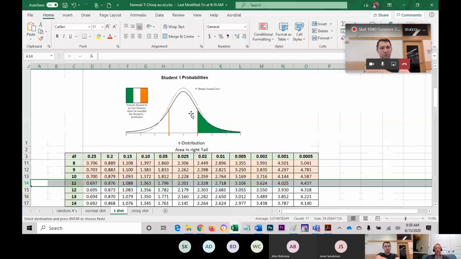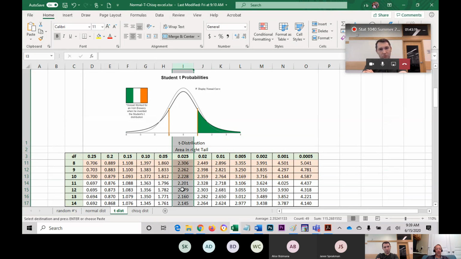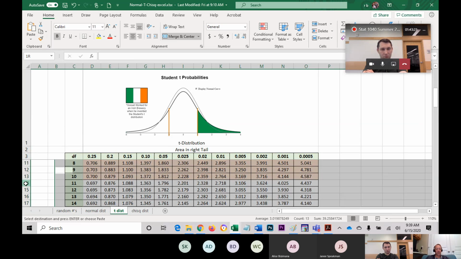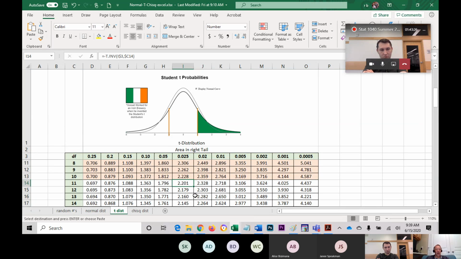So if I'm looking at a 95% confidence interval, I'm going to look in this column with 11 degrees of freedom. That's going to give me 2.201. So I'm going to use that number, 2.201, rather than the z-score, which is 1.96.